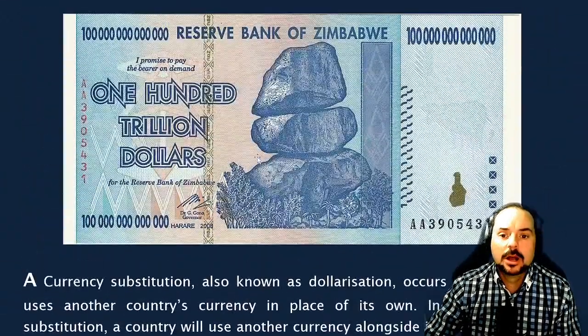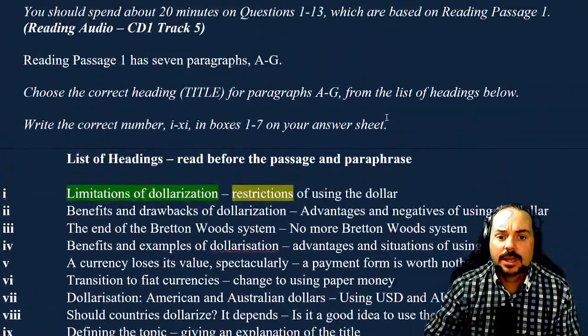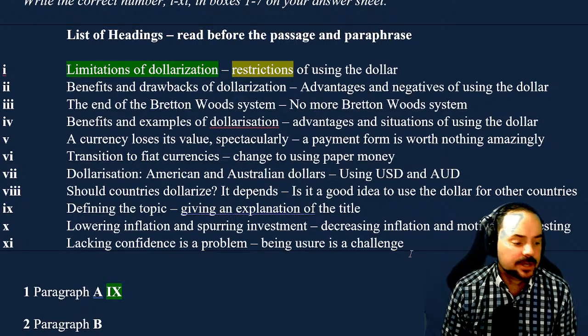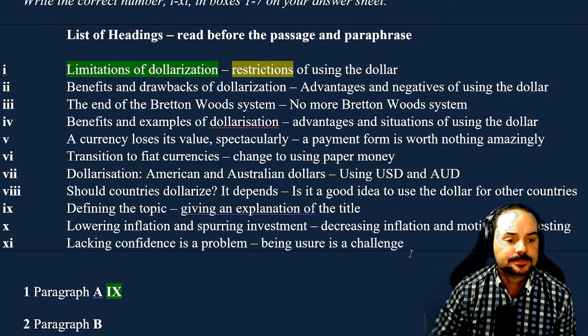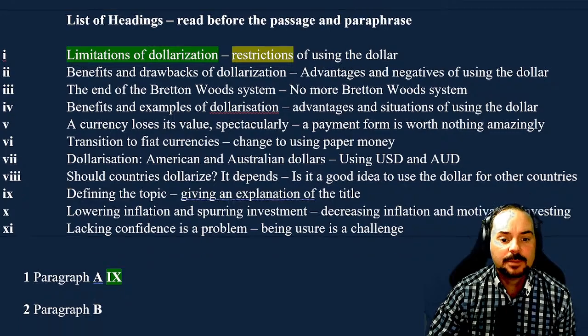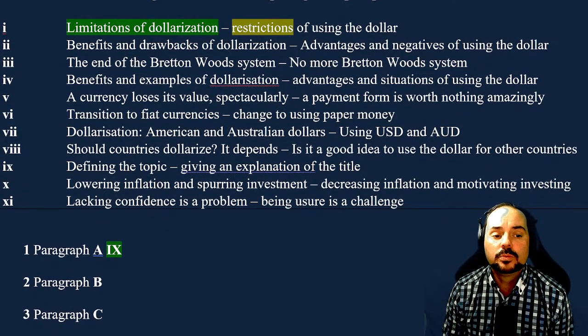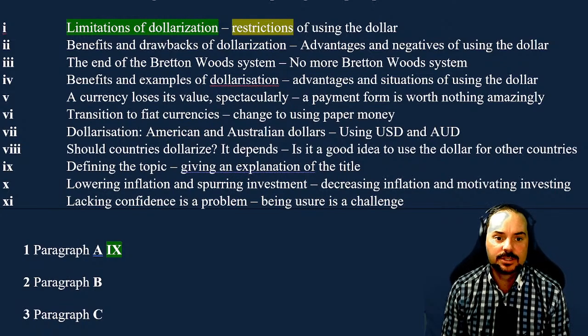So now, if we go back to the list of headings, which is the correct answer in this case? I need to see the list first. It's coming. And make sure that you read all of them before you choose your answer.